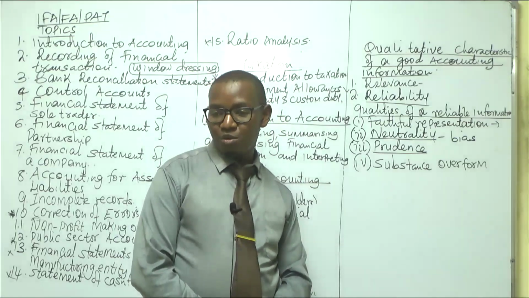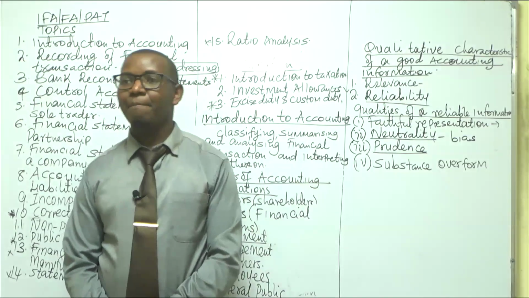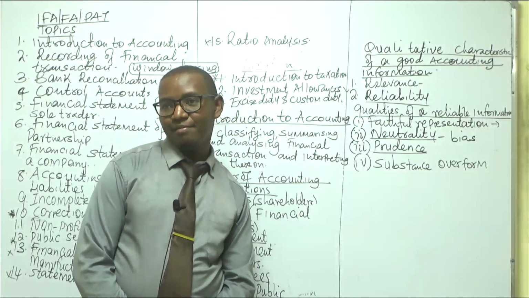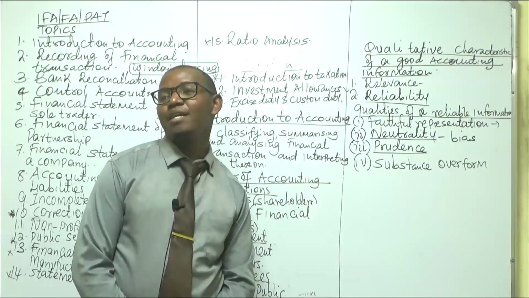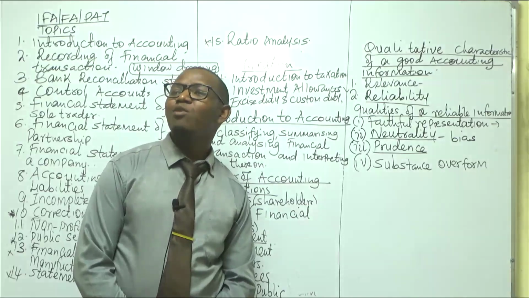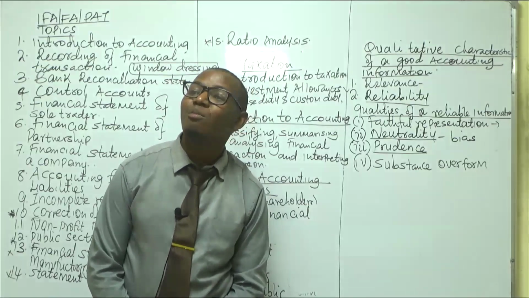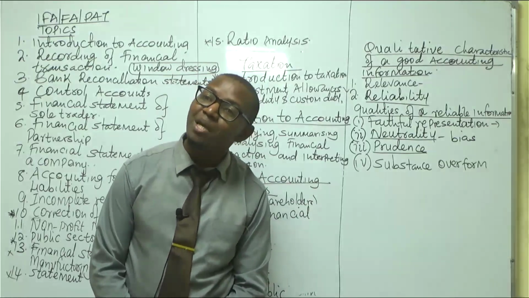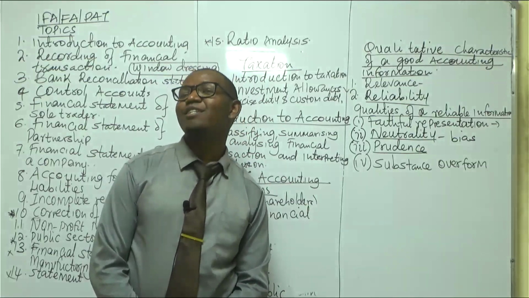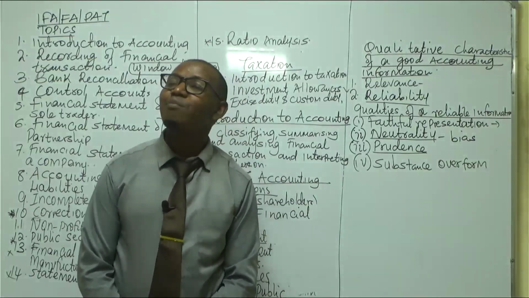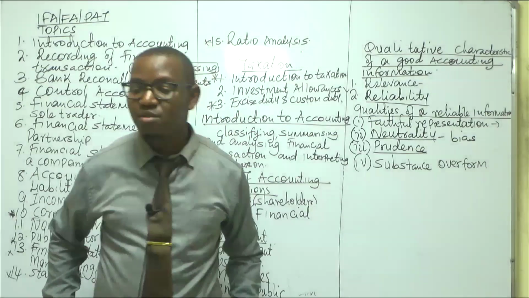If someone is buying a car on hire purchase, there is an agreement. But this tells us we are not supposed to base on that agreement. We are supposed to base on what we call the economic existence, meaning how the economy changes. So if inflation goes up, definitely the interest rates will rise, meaning you will end up paying more than what you had agreed. That is what we call substance over form.